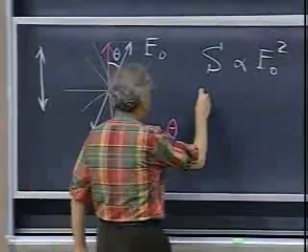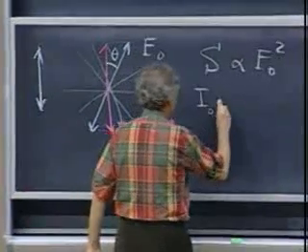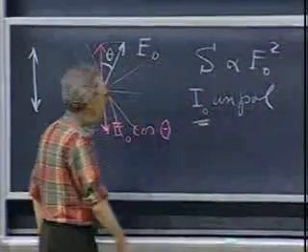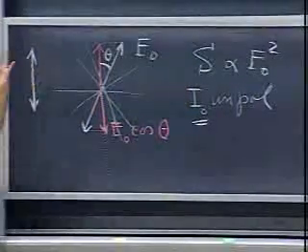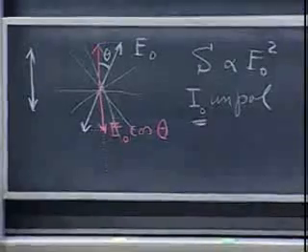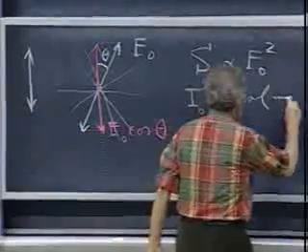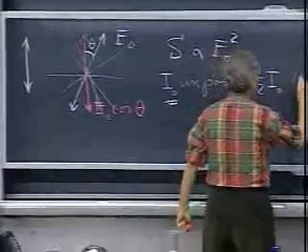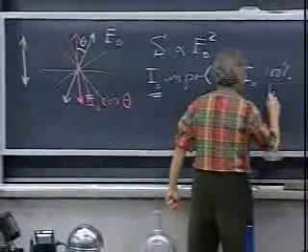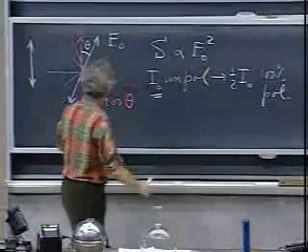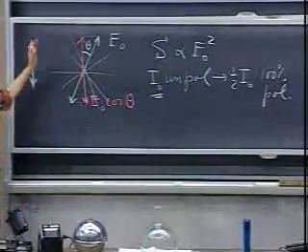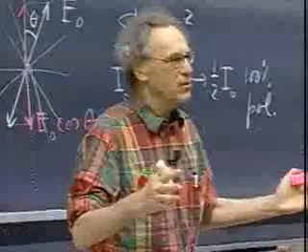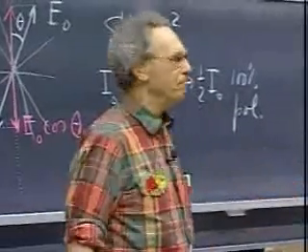And so if the intensity of the unpolarized light was originally I0, once it comes through this polarizer that Edwin Land gave me, then I get 1/2 I0, but that is now 100% polarized. And it is 100% polarized in this direction. And the 1/2 is the result of the average value of cosine square theta.